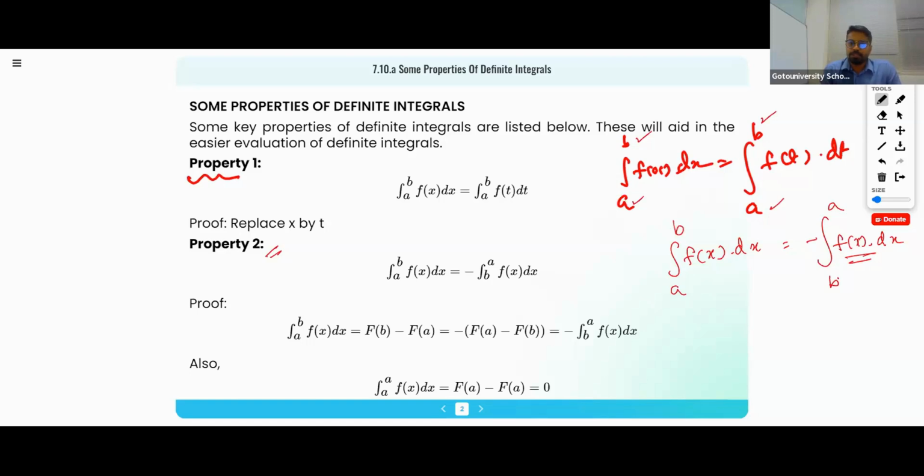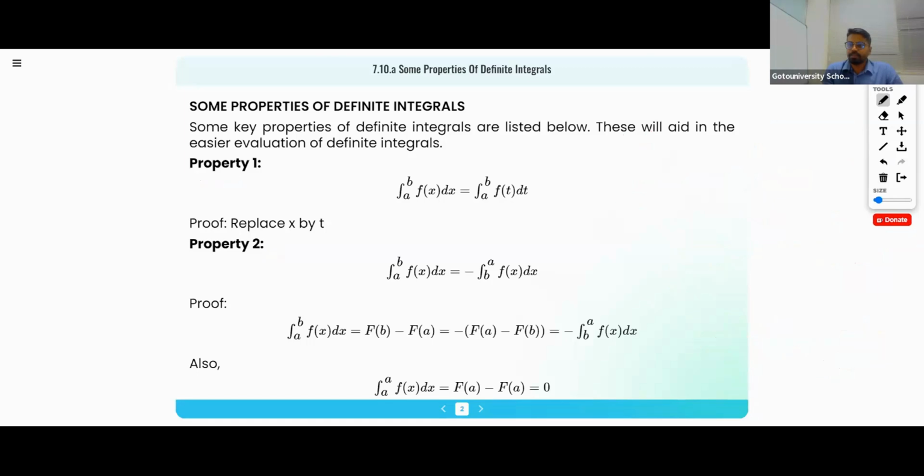That is because after integrating and substituting, it is f of b minus f of a, whereas the opposite one is f of a minus f of b. It is only changed by the sign because of the direction. That is why when you change the sign, you can change the direction of the integral limits or vice versa.